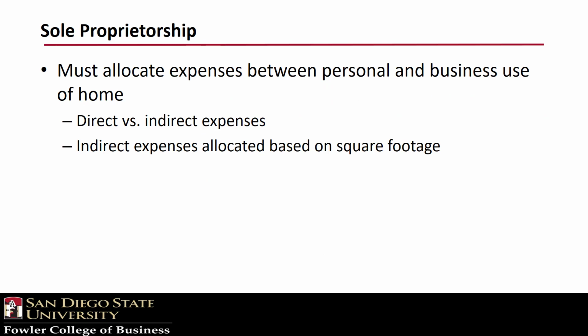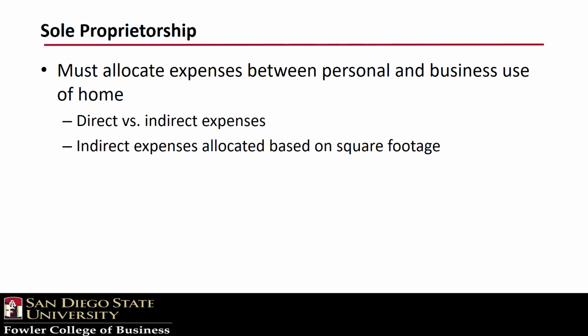Once a taxpayer is eligible for the home office deduction, they're going to have to determine the amount of the deduction. Direct expenses are charged 100% to the home office deduction. For example, if repairs are required to the space that's used only as a home office, those repairs are a direct cost of that office. Contrast direct costs with indirect costs, which must be allocated.